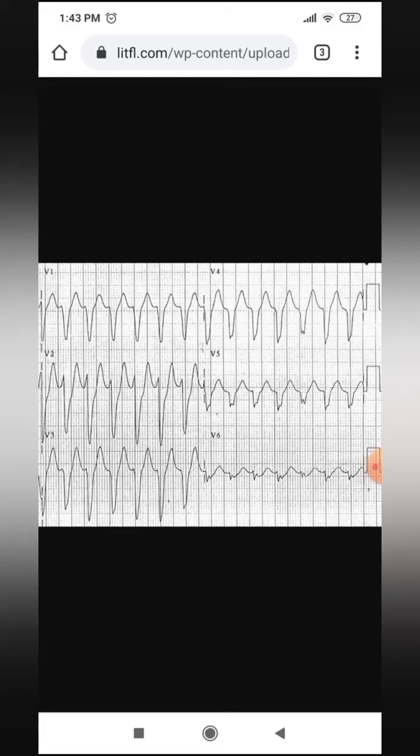If all these QRS complexes were upwards from V1 to V6, it would have been called a positive concordance, and any positive or negative concordance in the precordial leads is a criterion to label as ventricular tachycardia.